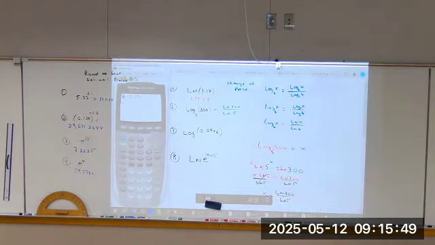So natural log of 300, divided by, close that parentheses, so close off that natural log of 300, divided by the natural log of 5. Close that off.